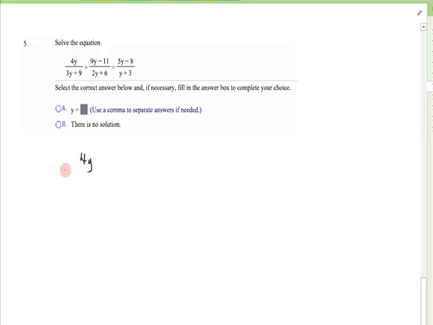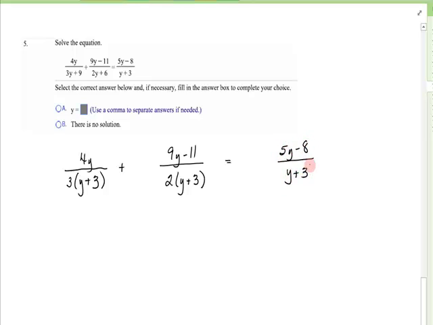So I have 4y over, there's a common factor of 3, so it's 3 parentheses y plus 3, plus, spacing it out, we have 9y minus 11 over, factoring this, I see a common factor of 2, 2 times y plus 3. Equal sign. 5y minus 8 over y plus 3, which I can't factor, I'll just leave it like that.